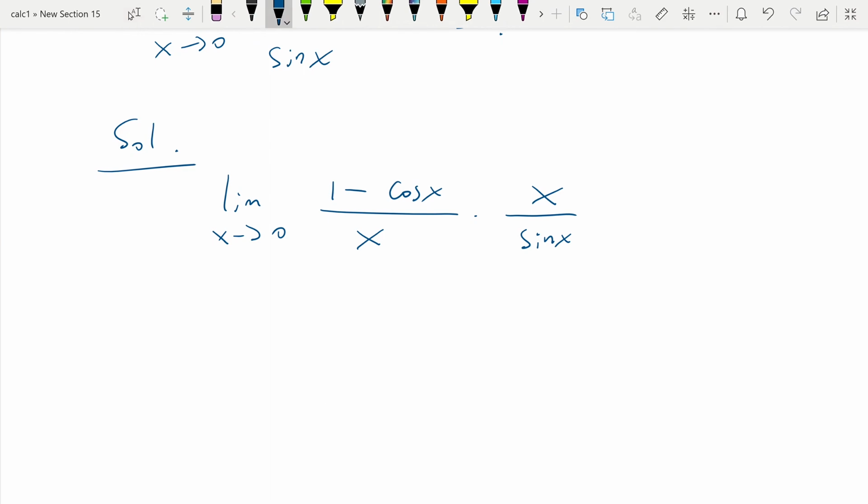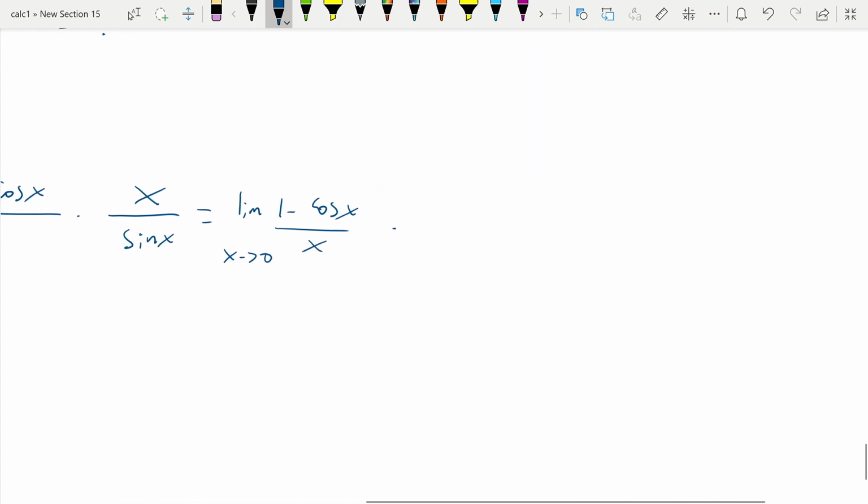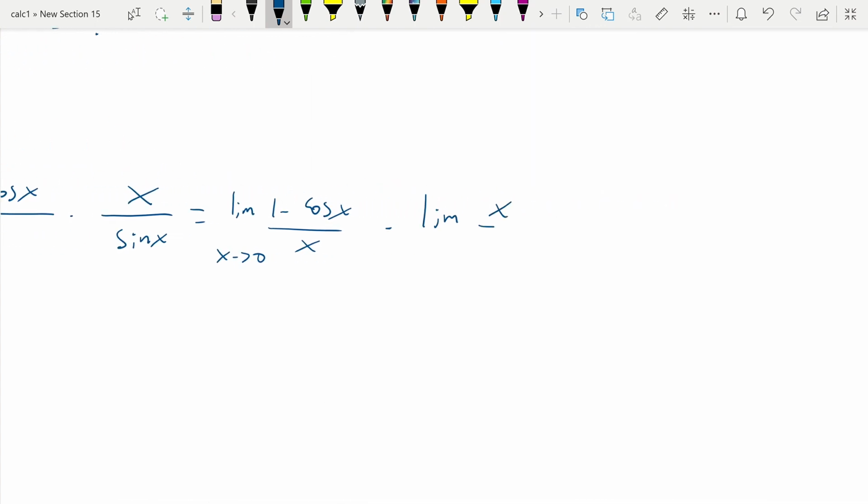So what we want to compute is equal to the limit of 1 minus cosine x over x as x approaches 0, times the limit of x over sine x as x approaches 0. And the first one is equal to 0, and the second one is equal to 1.